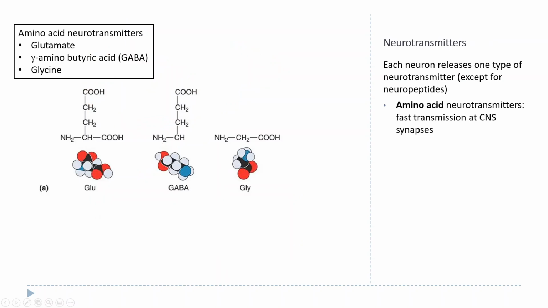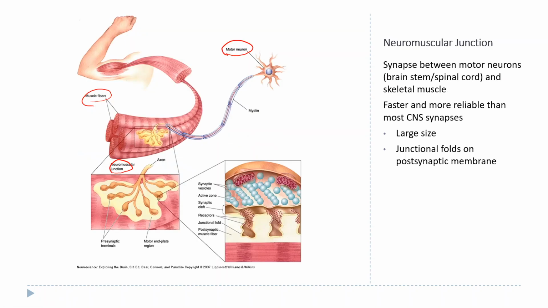Each of these is a separate terminal, and at each position, if you look underneath, you'll see this whole area, which is called the motor end plate, covered in little folds called junctional folds. This is kind of a cross section through the membrane, and each of these little grooves is part of that motor end plate area. What's important is that those grooves create a lot more surface area, which means there's a lot more chances for neurotransmitter to bind and to actually activate this muscle.